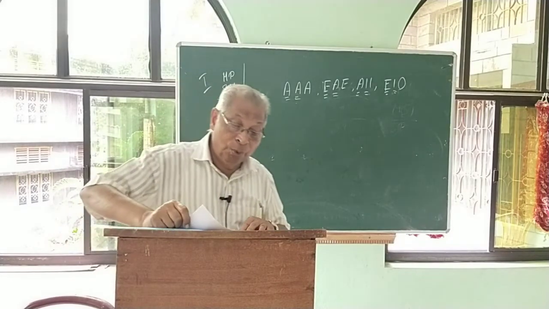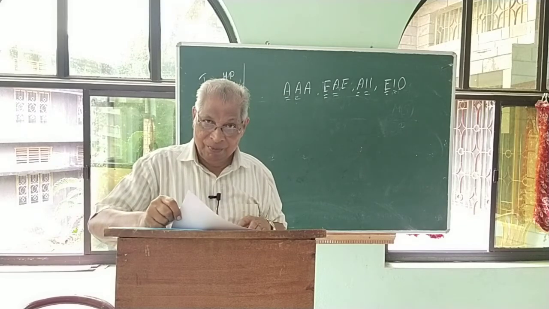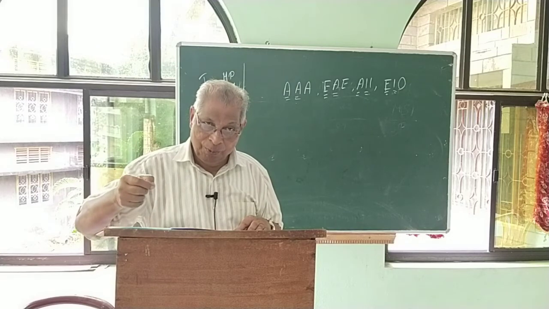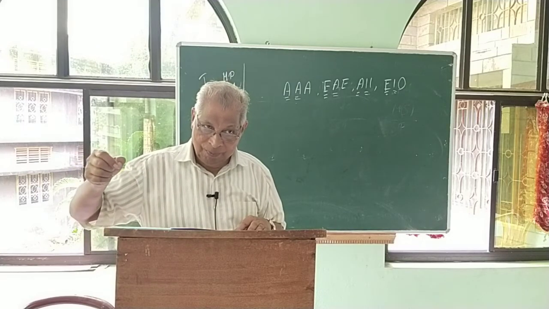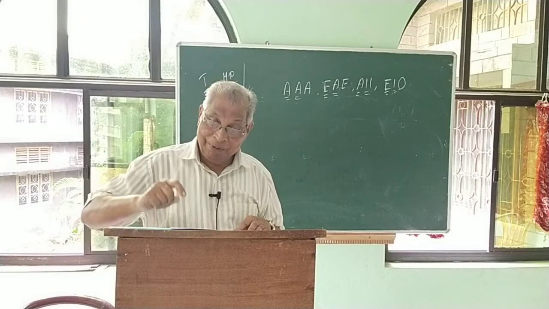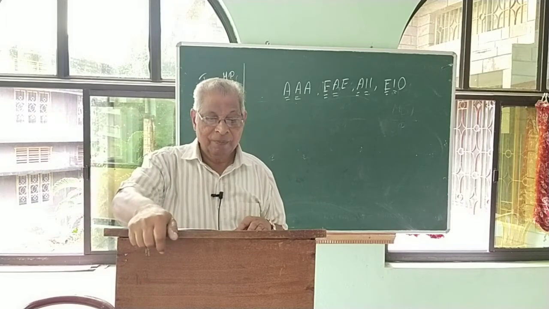Now these four moods are expressed universally with a rhyme, because it is difficult to pronounce the vowels alone. Vowels and consonants should be there. Then it is easy to pronounce. Therefore, all over the world, this is accepted.